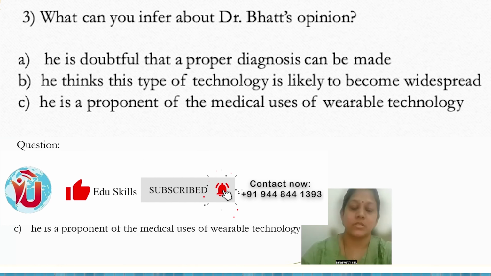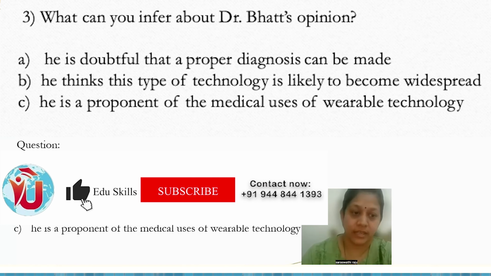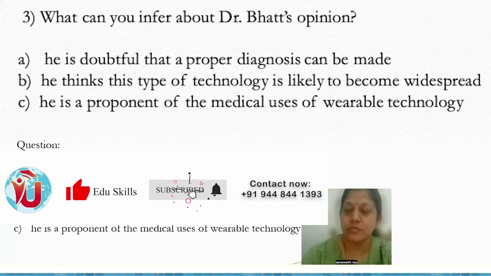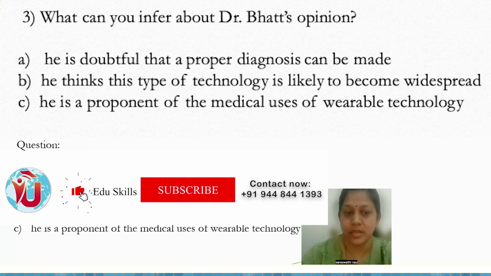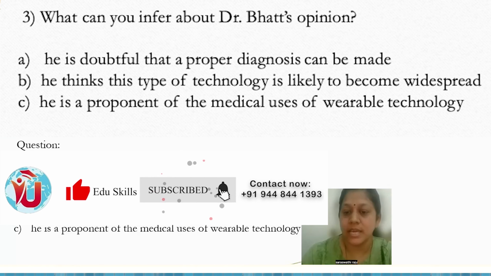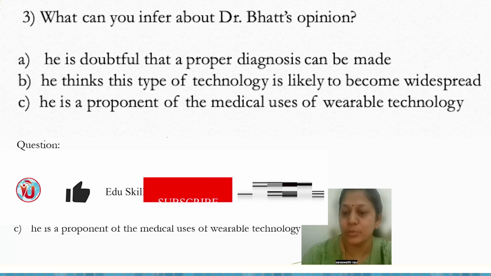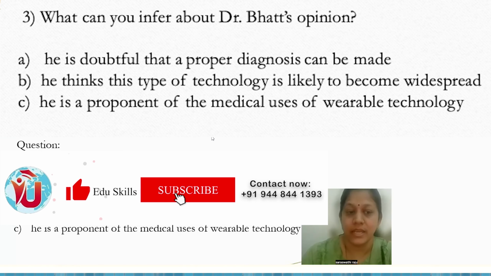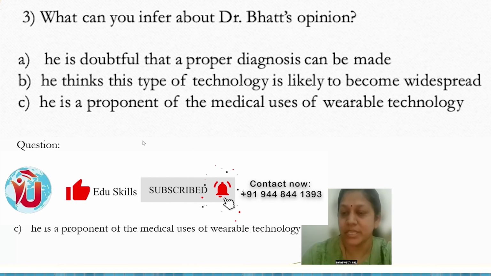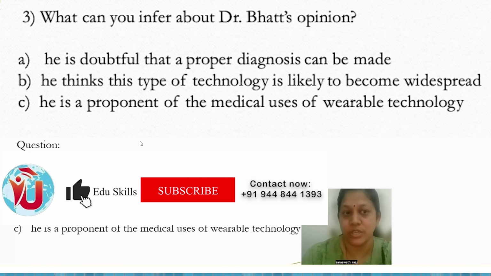Okay. So the question's answer option A is doubtful that a proper diagnosis can be made. He thinks this type of technology is likely to become widespread. He is a proponent. A proponent is a supporter, okay? They are telling that he is supporting this Apple Watch.